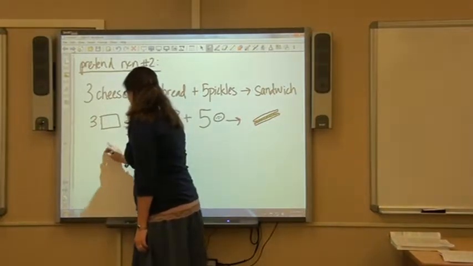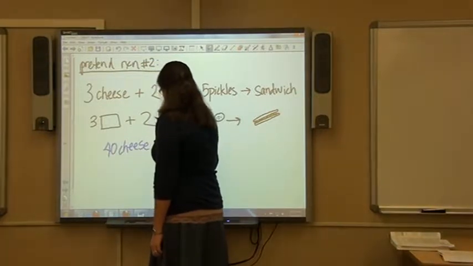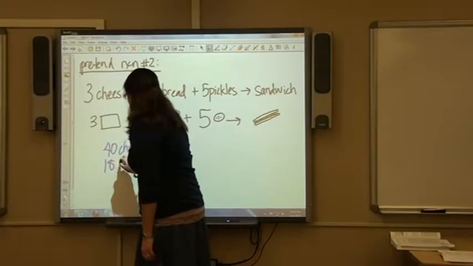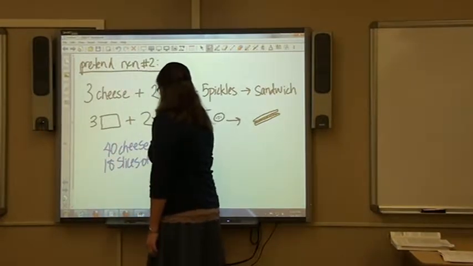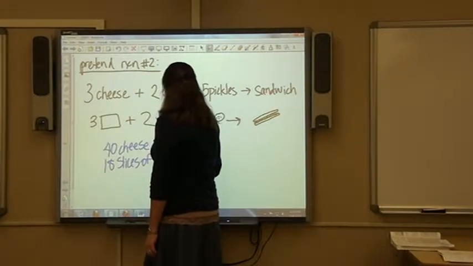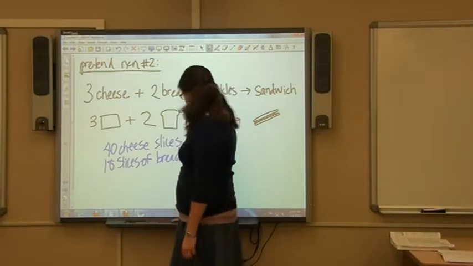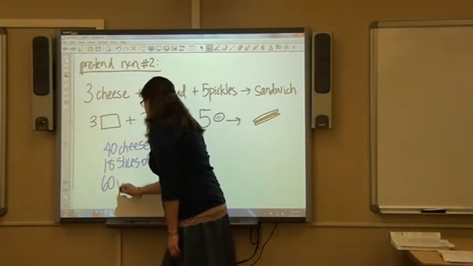Now let's say I have 40 cheese slices. Let's say I have 1 loaf of bread, and I think you can get like 18 slices of bread from 1 loaf. And let's say in my 1 jar of pickles, I have, let's say it's a really big jar, 60 pickles.